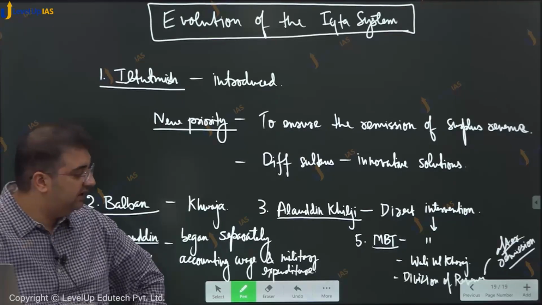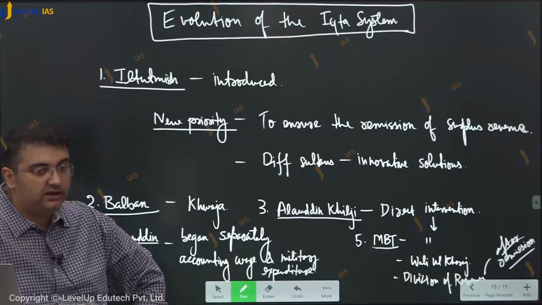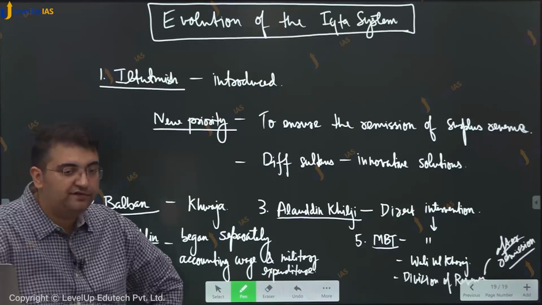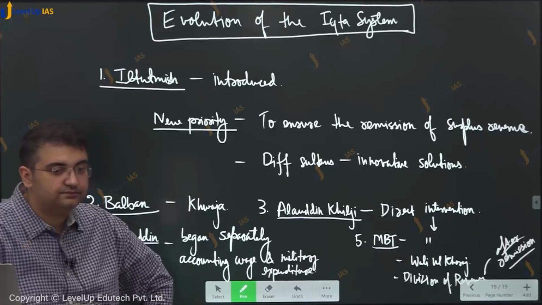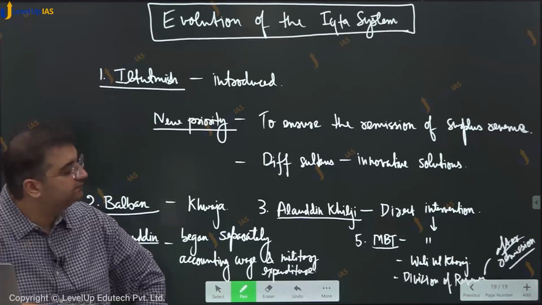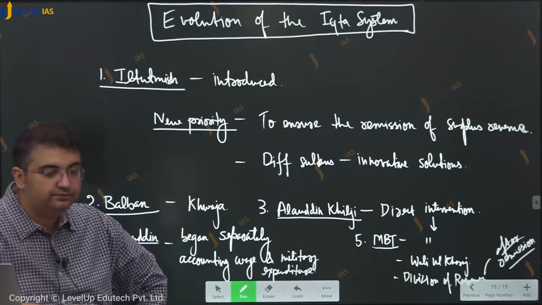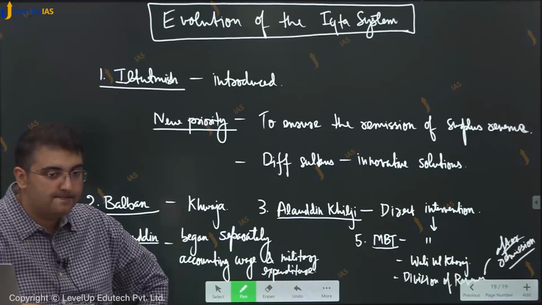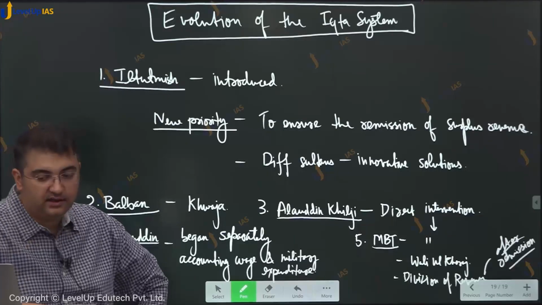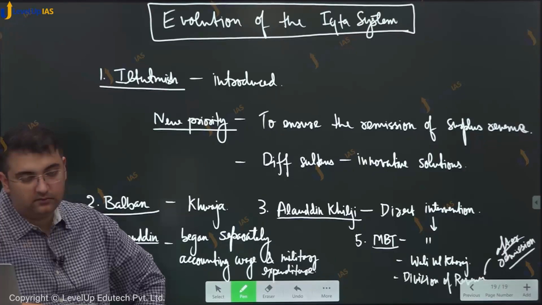Next point. Thirdly, Muhammad bin Tughlaq abolished the concept of fawazil by introducing the practice of division of revenue after remission. Full stop.